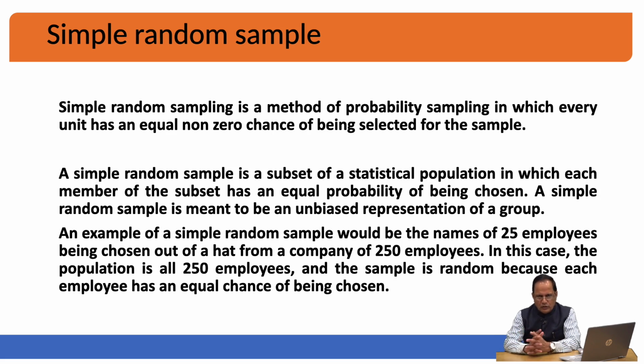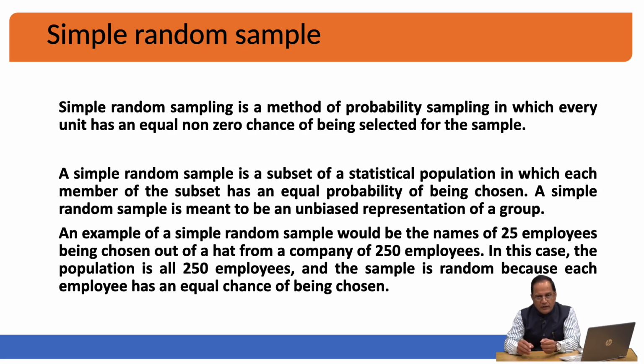Suppose the total number of students in the college is 3000, and out of that we have to take a sample of 600. In that case we can go for a lottery draw, or by using some computer software, these 600 students can be taken from the lot of 3000 students studying in the university.